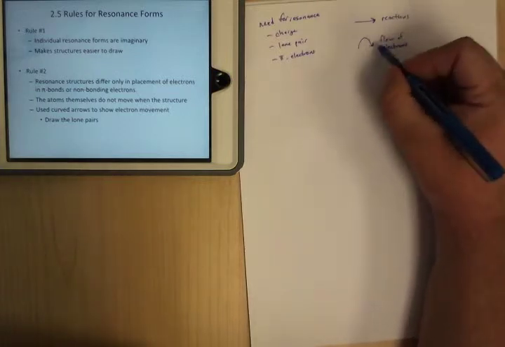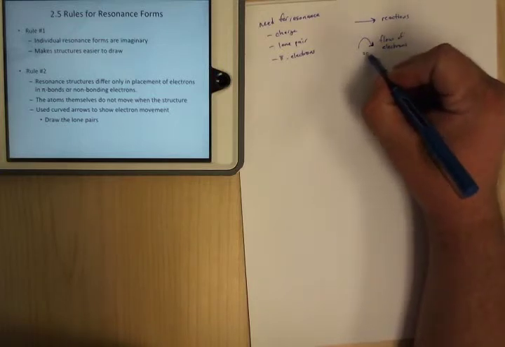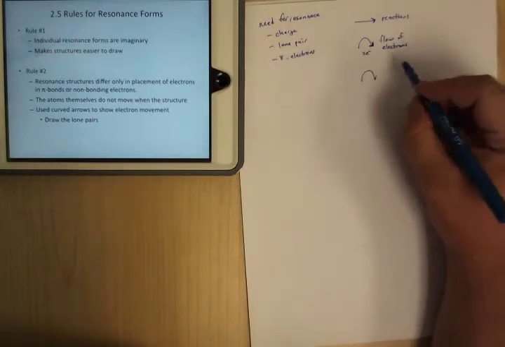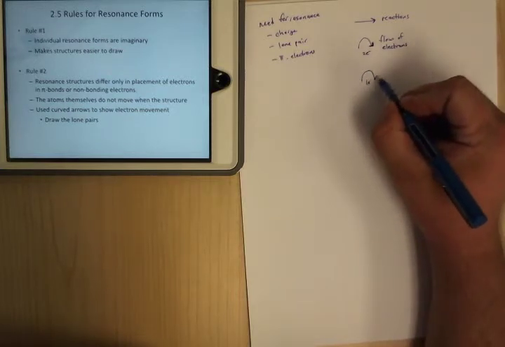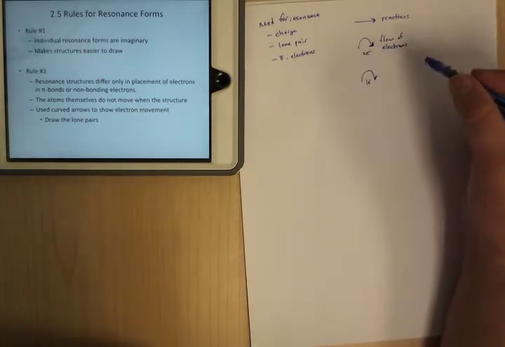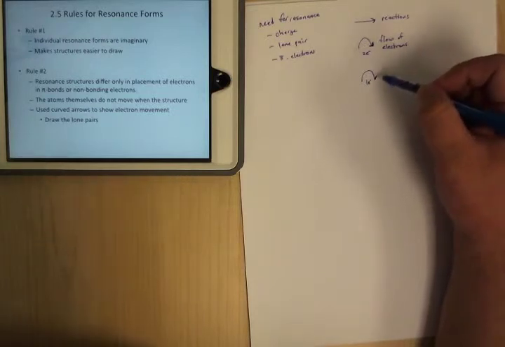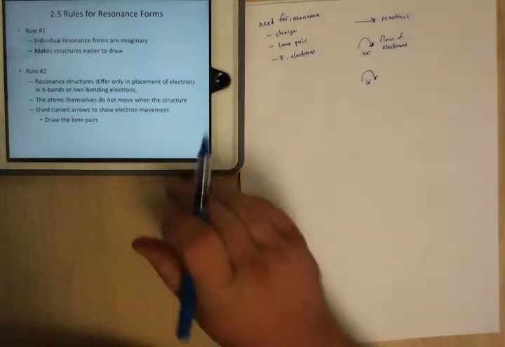A double barb would be 2 electrons. If we wanted to show the flow of just 1 electron, we would show a single barb. We'll talk about that later in this lecture.